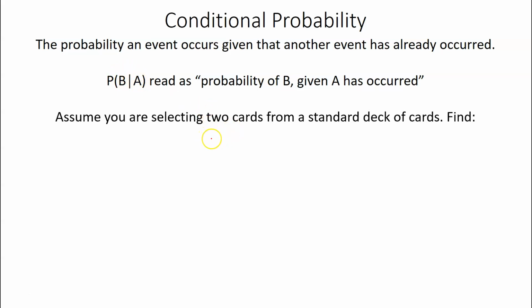For example, assume you're selecting 2 cards from a standard deck of cards. What's the probability of getting a queen given a queen has already occurred? Well, when you started out, there were 4 queens out of 52. That'd be this one actually. But then the probability of getting this queen, given that this one was selected, now has to be tweaked here.